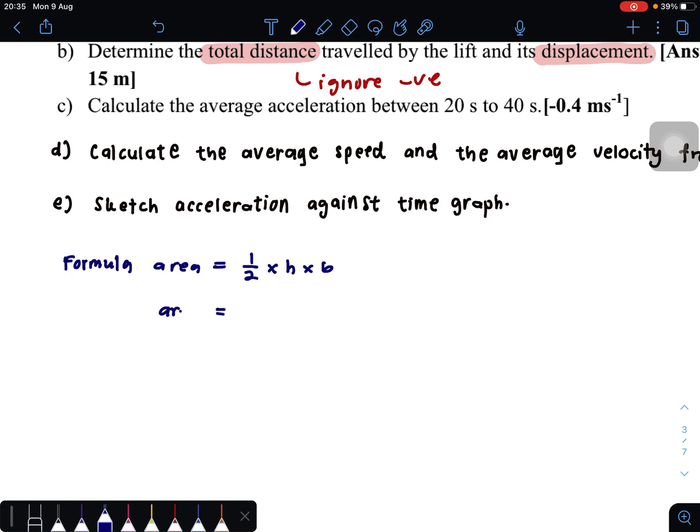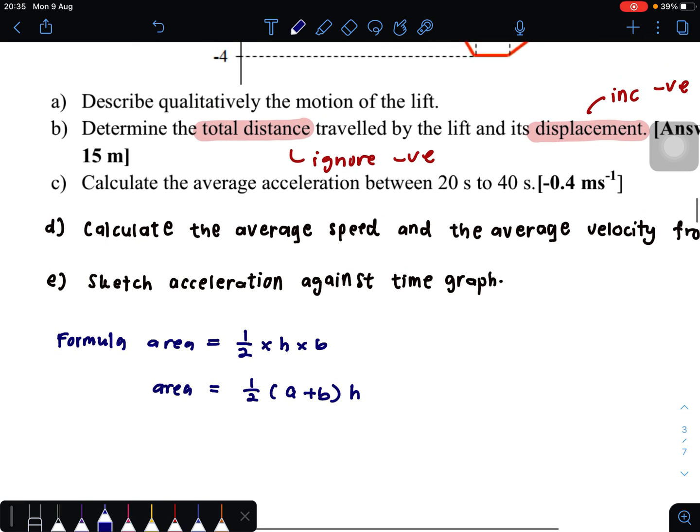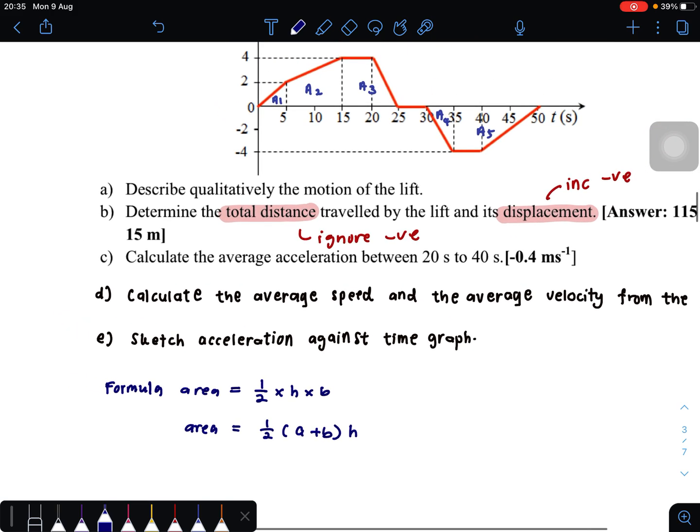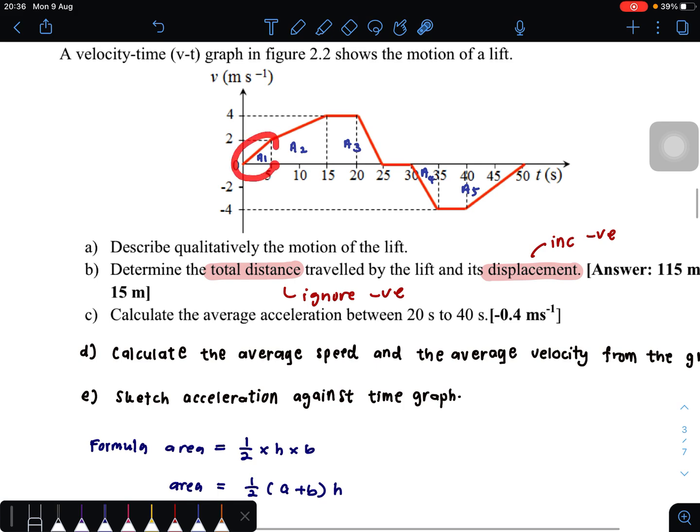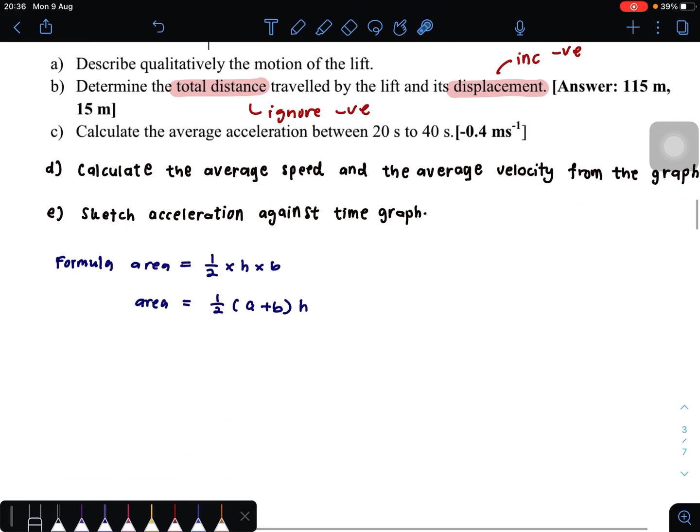And for trapezium, it's 1/2 times (A plus B) times the height. Okay, so now kita tengok A1. A1 is a triangle.